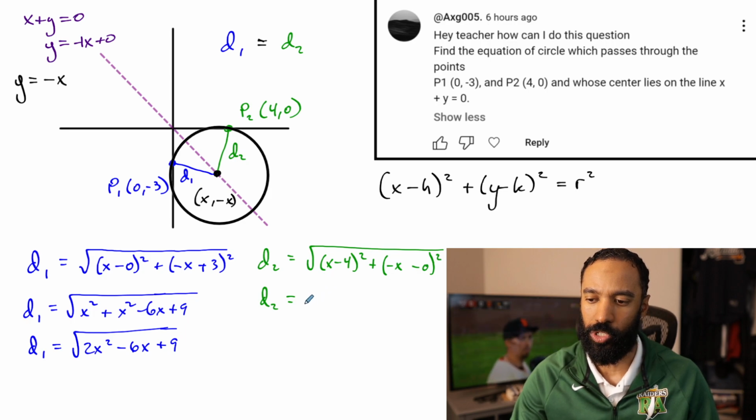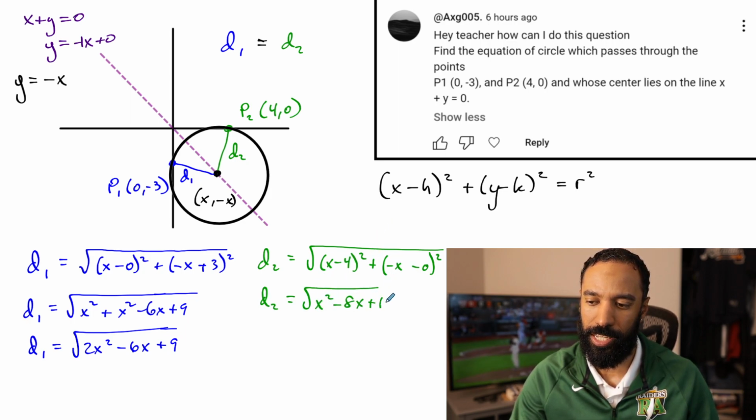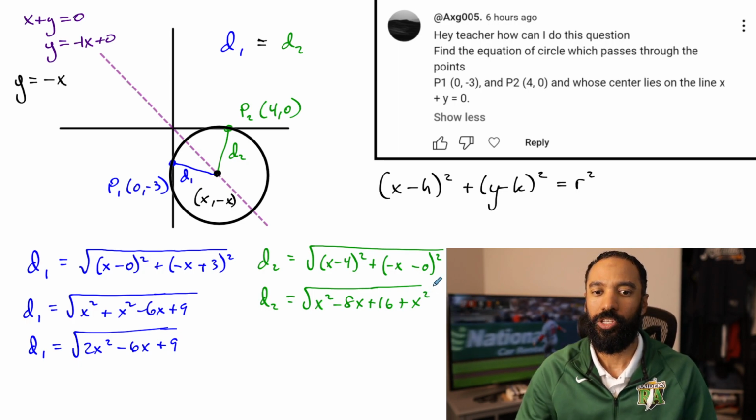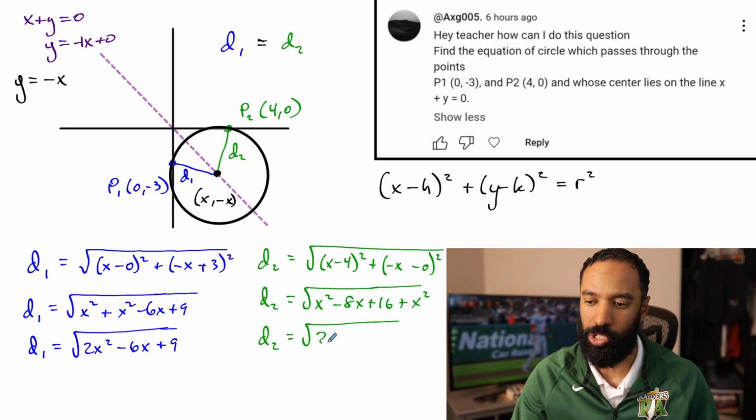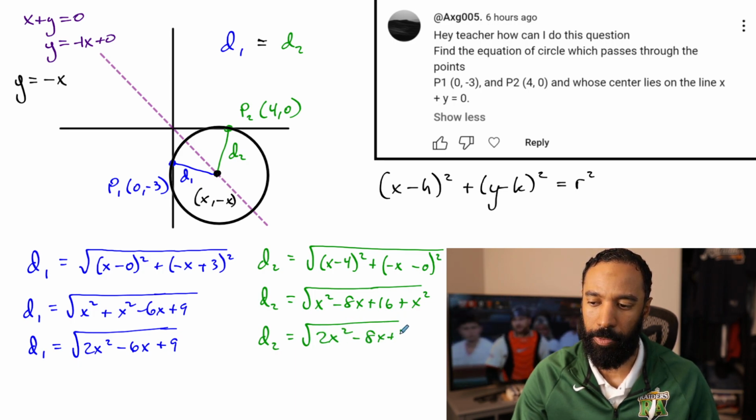Now D2 is going to be the square root of, this expands to x squared minus 8x plus 16. And then -x minus 0 is -x. -x quantity squared is a positive x squared. So now these x squareds combine, and that's also a 2x squared. So this says 2x squared minus 8x plus 16.